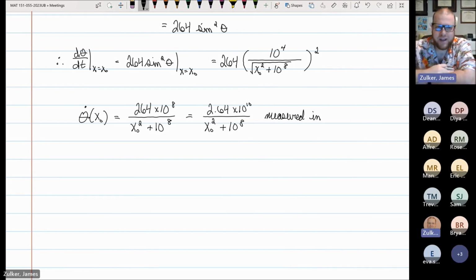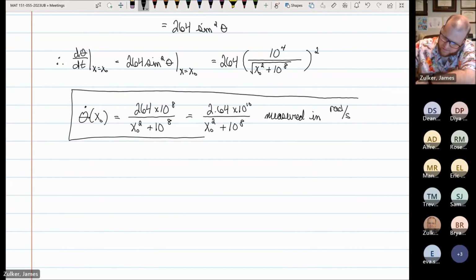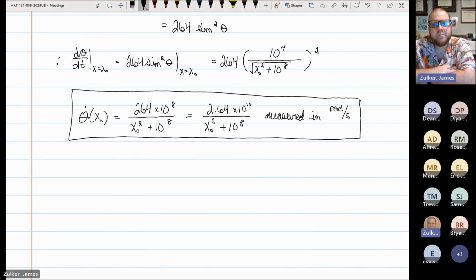Well, it's units for theta, which is the radian, right? Per units of time, which is second. So this is what we're going to be using.